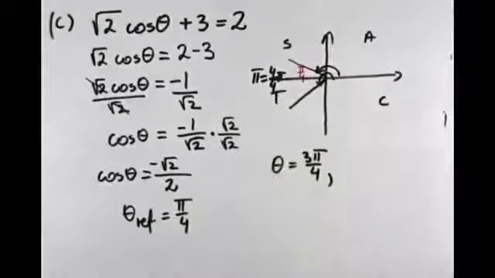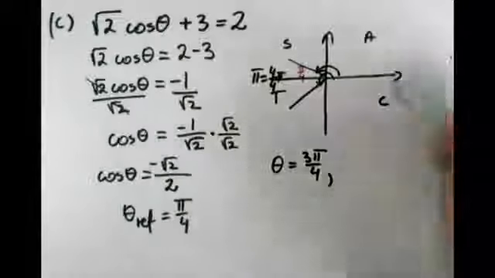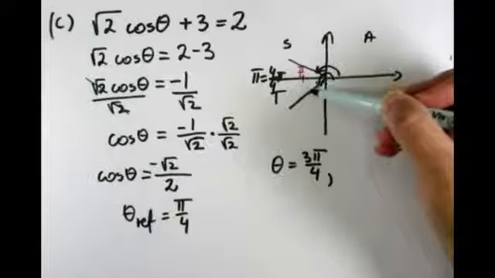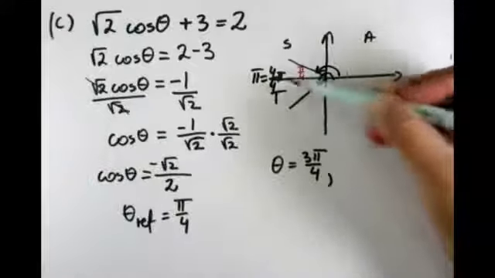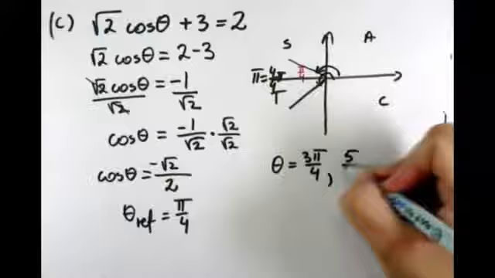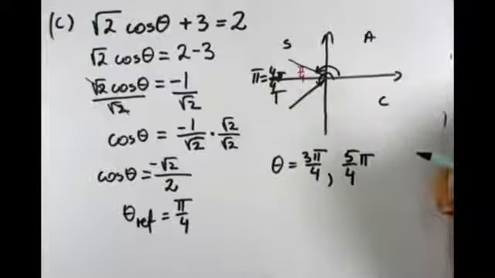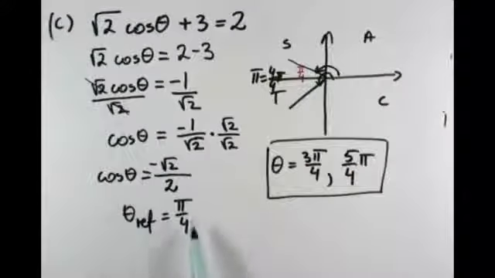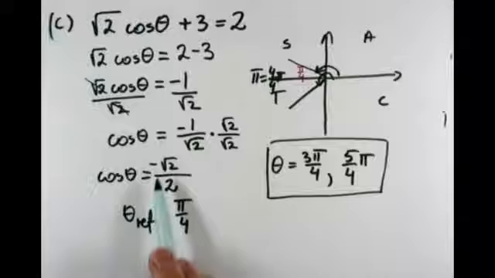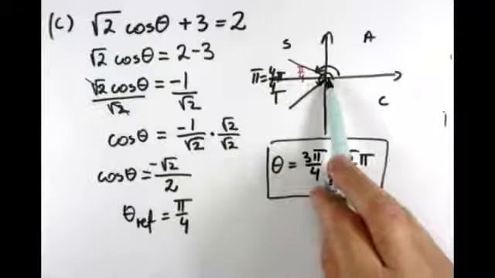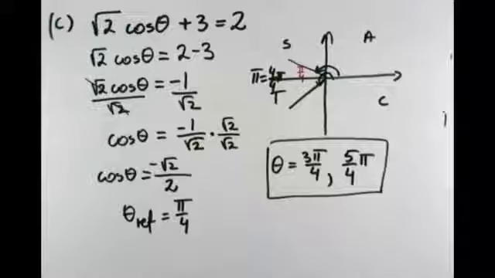And for the second solution, I have pi plus my reference angle, because this one is pi over 4 as well. So 4/4 plus 1/4 gives me 5/4 pi. And that's my solution. You find the reference angle from the chart and complete according to the sign, whether you are positive or negative. In that case we are negative, so negative cos is in the second and in the third quadrant.